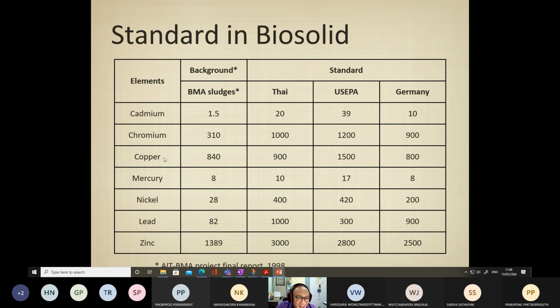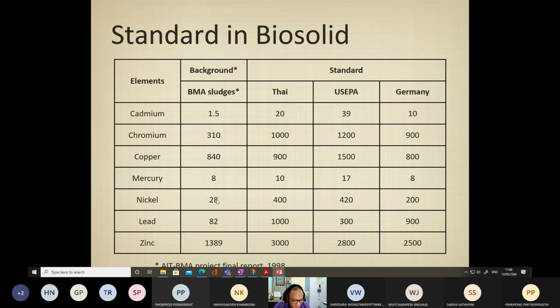But very interesting, the copper found in the sludge from the BMA is almost reaching the maximum contaminant limit. The maximum limit in Thailand is 900, but now in the BMA sludge it's already 840.